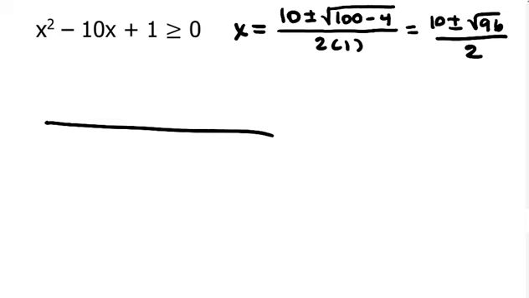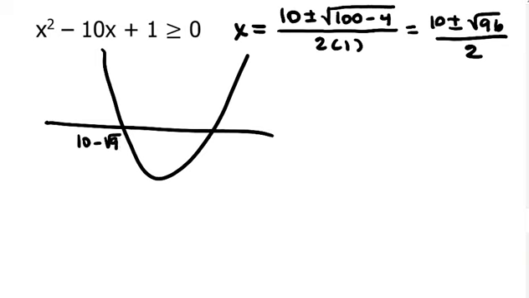This is an upward-facing parabola that I know has two real zeros because I'm taking plus or minus the square root of 96. So I'm just going to do it like that. And maybe this is 10 minus the square root of 96 divided by 2. And this will be 10 plus the square root of 96 divided by 2.